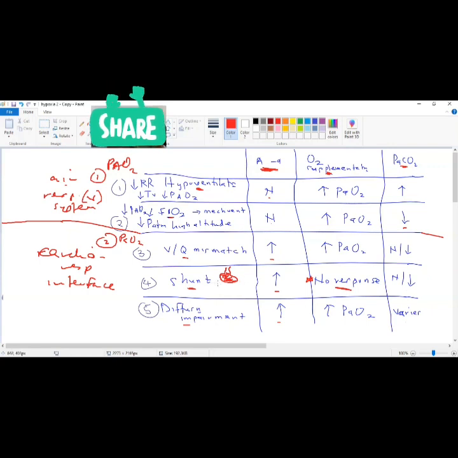Or the alveoli are ventilated, air is here, oxygen is here, but the blood flow. Let's say there's a pathology that is bypassing, so blood is shunted away through another vessel, away from the alveoli. Which means if I give oxygen, what happens? There's no blood flowing through the alveoli to pick up the oxygen. You won't see any response. PO2 is still low if I give oxygen. So now you're dealing with a shunt.